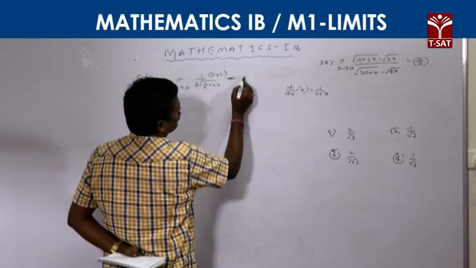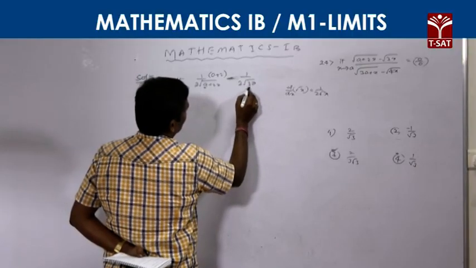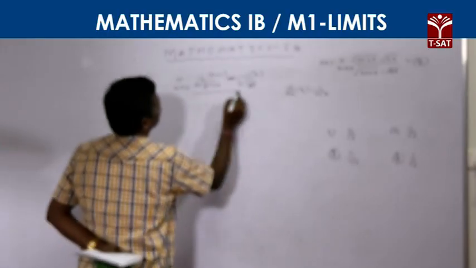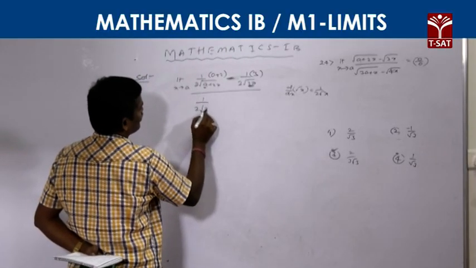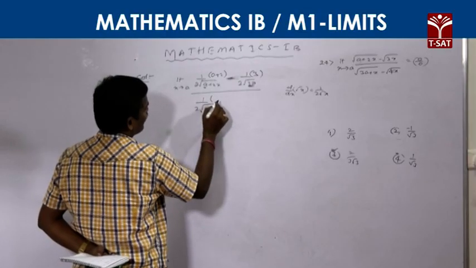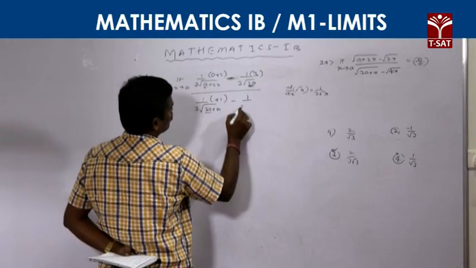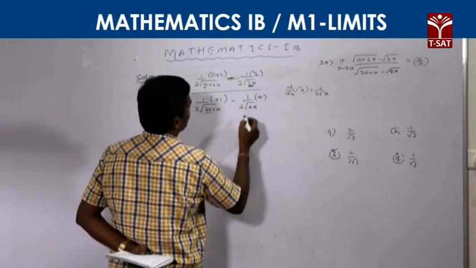Minus 1 by 2 root 3x, where the derivative of 3x is 3, by 1 by 2 root over 3a plus x, where 3a derivative is 0 plus 1, minus 1 by 2 root over 4x, where the derivative of 4x is 4.